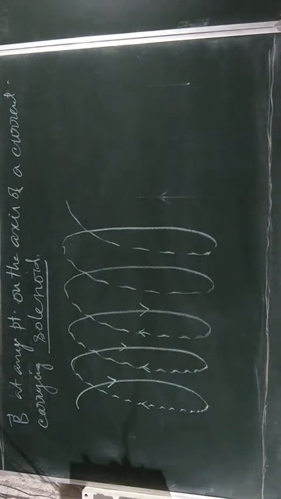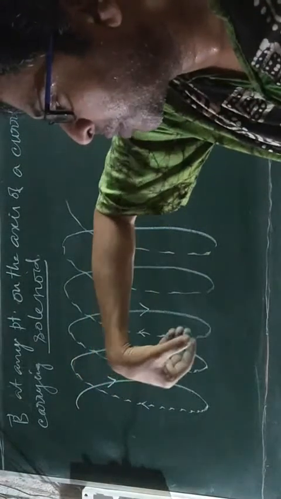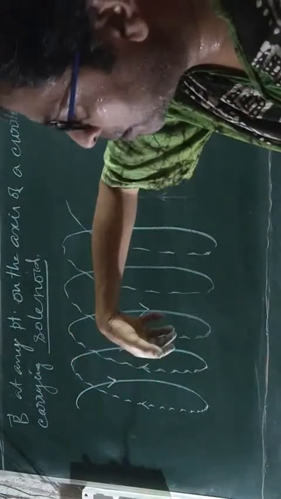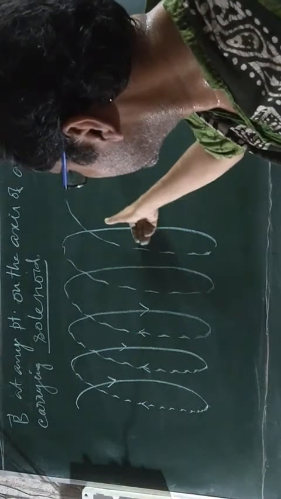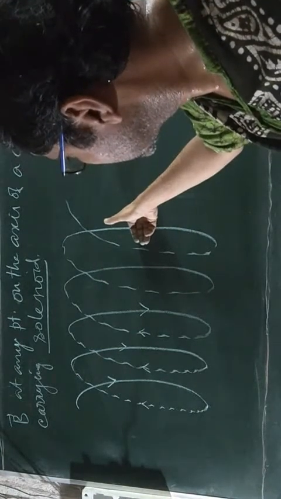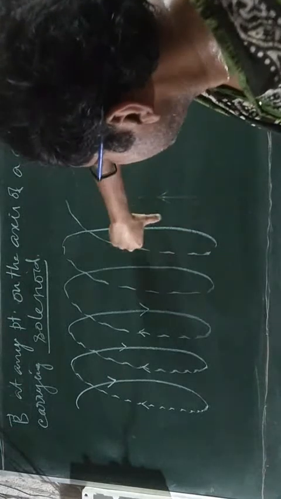Okay. So if you place the thumb in this manner, here is the current carrying conductor, this one or this one.